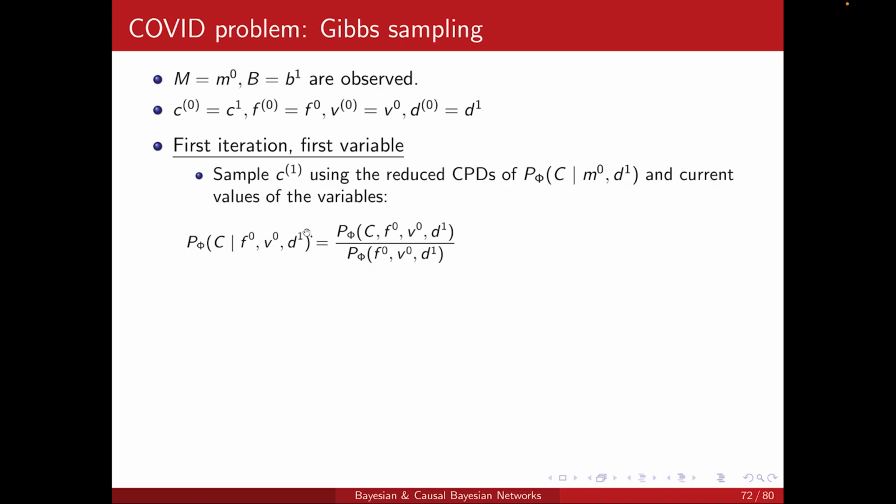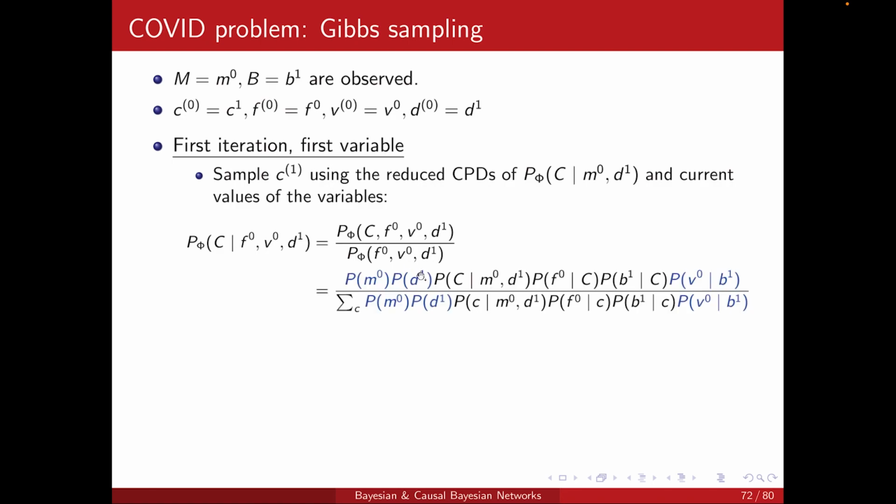And of course, this should be together with M0 and B1 because they are also observed, but this is just a compact notation of P phi, so it's implicitly there. By definition, this will be P phi of all of them divided by P phi of these 3 variables. If I do that, again, I can marginalize some variables out.